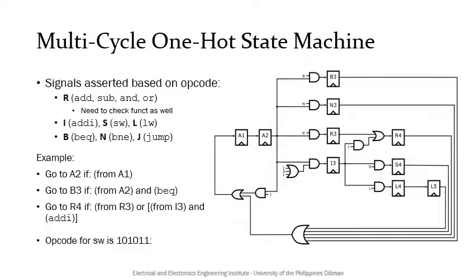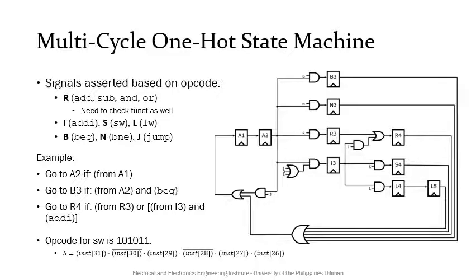To give an example of how to generate the R, I, S, L, etc. signals, consider the opcode for store word, which is 101011. Recall that the opcode is the MSB of the instruction code, specifically bits 31 down to 26.